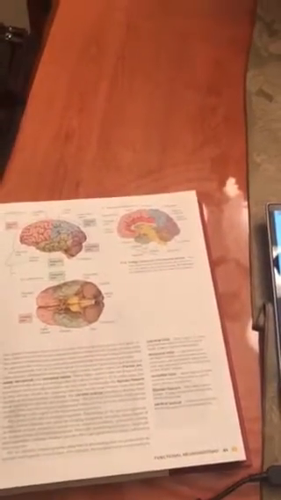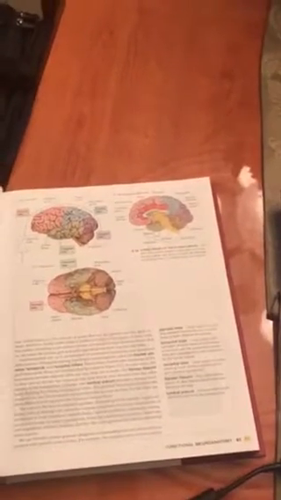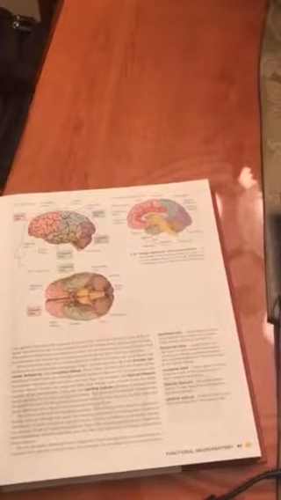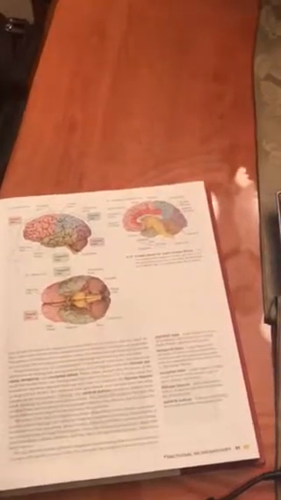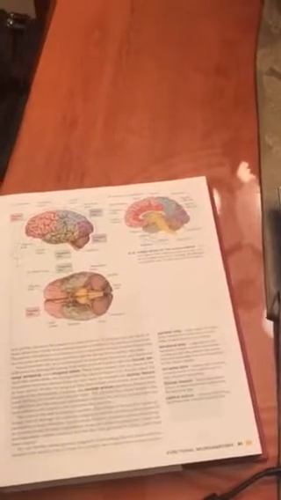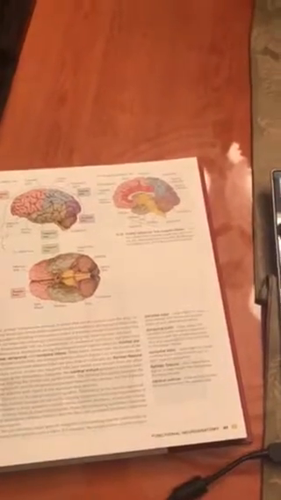The gyrus is a ridge or raised portion of the convoluted brain surface, and a sulcus is a furrow of a convoluted brain surface. There are 4 major cortical regions in the brain: the parietal lobe, the temporal lobe, the occipital lobe, and the frontal lobe. The frontal lobe is the most anterior portion of the cerebral cortex.